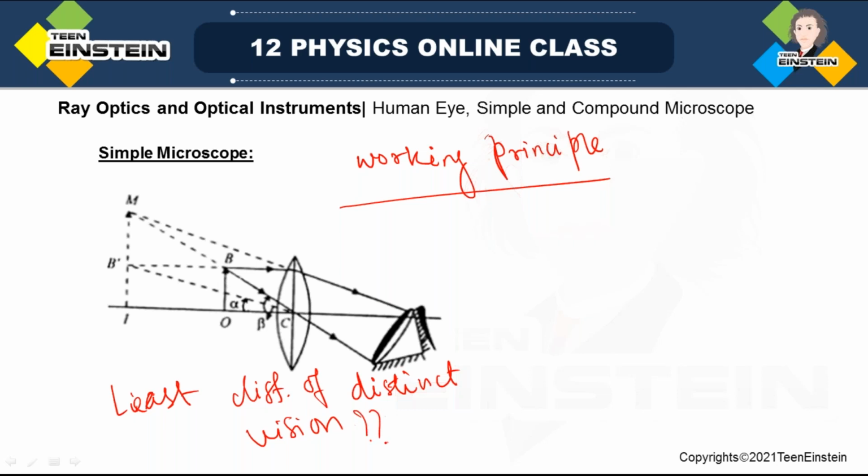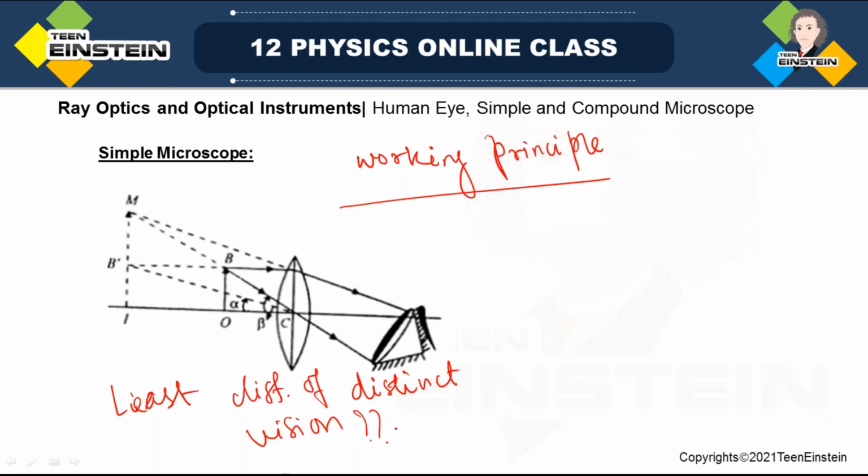So what is this? This is the minimum distance where, if we place an object, the eye can see the object clearly and distinctly without any strain of the eyes.